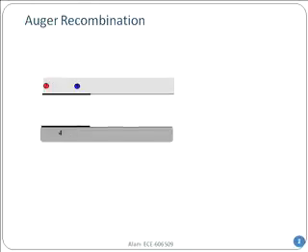Now, there is a third recombination process called Auger recombination. Auger recombination is slightly different. Remember the problem: my electron and hole have to have the same wavelength before they can recombine, or they need a trap.